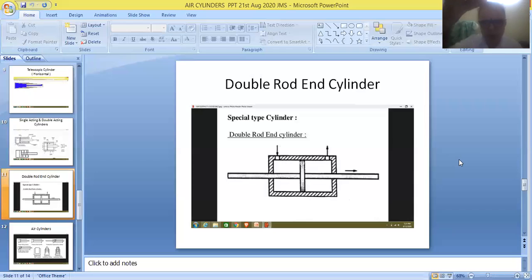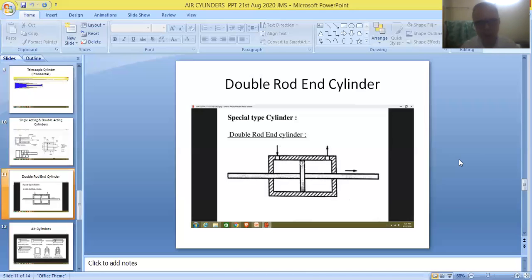So just now we have noted down the types of cylinders. Lastly, we have talked about duplex and tandem cylinders. In such cases, provision of two piston rods is very essential for operating duplex and tandem cylinders.